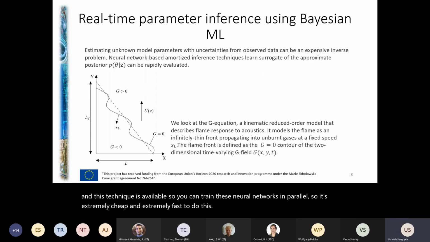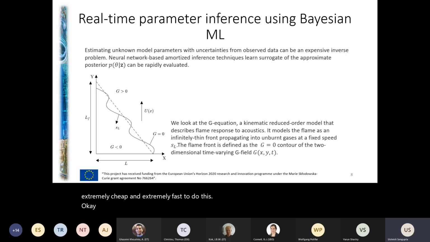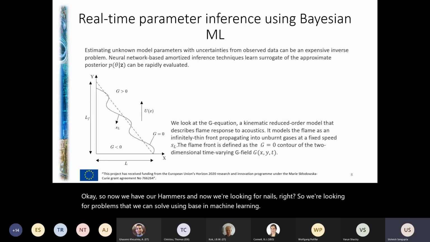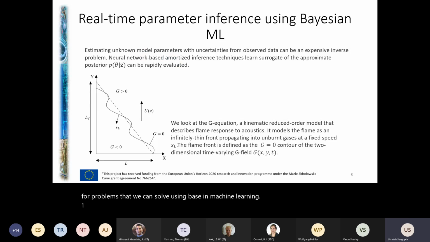Okay, so now we have our hammers, and now we're looking for nails, right? So we're looking for problems that we can solve using Bayesian machine learning. One important problem that arises in the context of thermoacoustics is parameter inference in models, because we know that thermoacoustics is pathologically sensitive to model parameters.